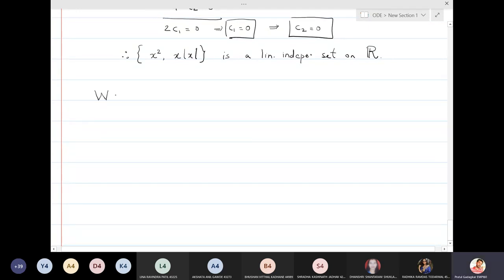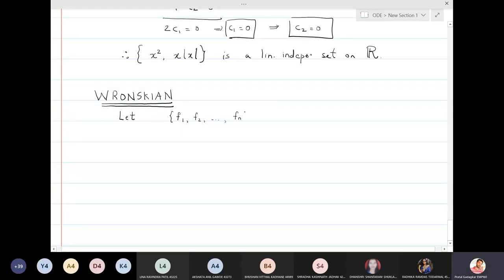This W is silent. Wronskian. So I will take functions f1, f2, fn.